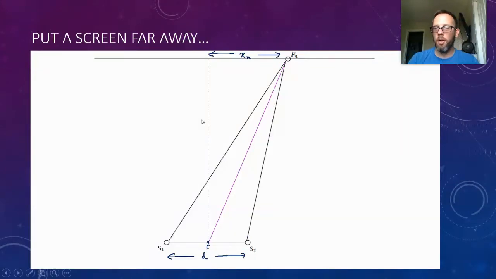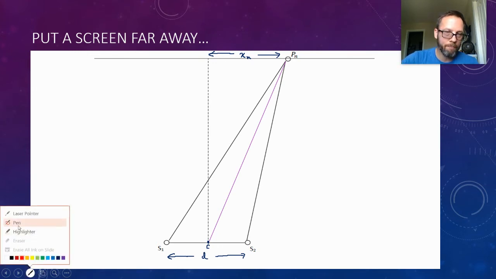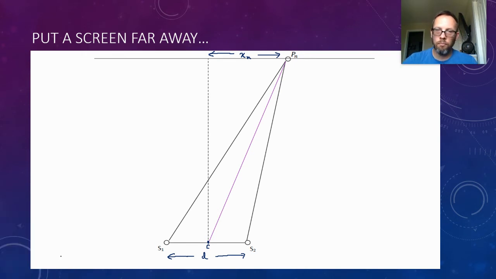Let's continue. So this purple line I drew here, remember that represents the nodal line. So this would be that dark line, or in a ripple tank, that line of calm water. And I'm going to add a little label to that. Have to find my cursor. Oh, we are having a time today. Where's the cursor? There it is.